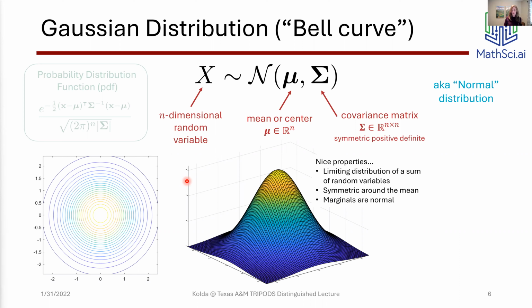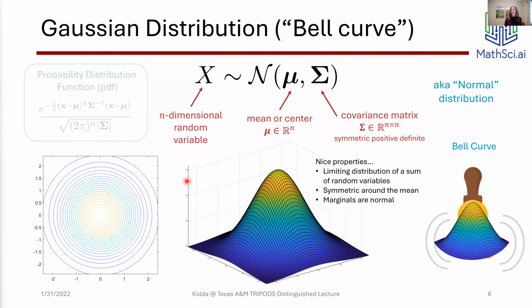And the marginals are normal, by which I mean if you look at just one of the n variables, integrating out all the other variables, its marginal is normal. And we call this the bell curve because it's shaped like a big old bell. So that's the normal distribution.